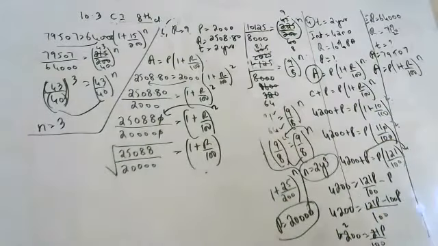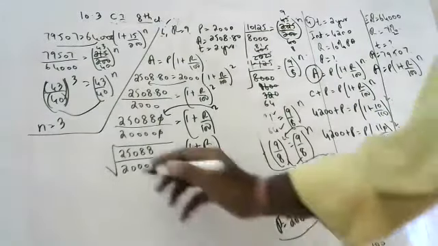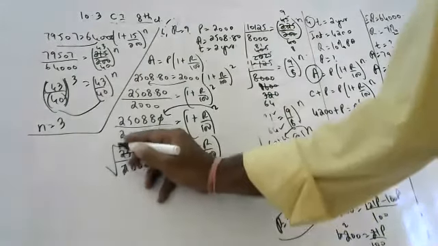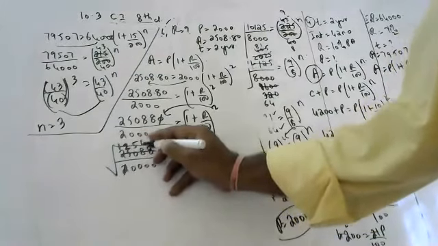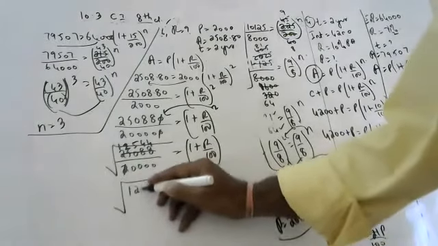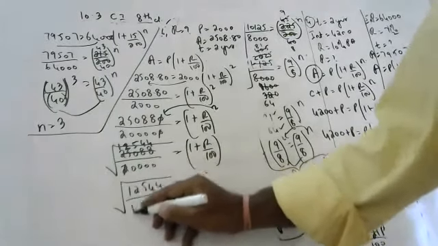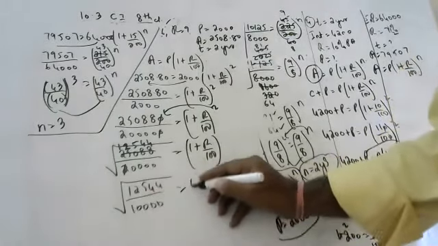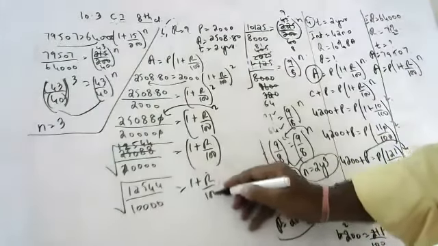So 2 1s are 2, 2 2s are 4, 2 5s are 10. Under root of 12544 by 10000 is equal to 1 plus R by 100.